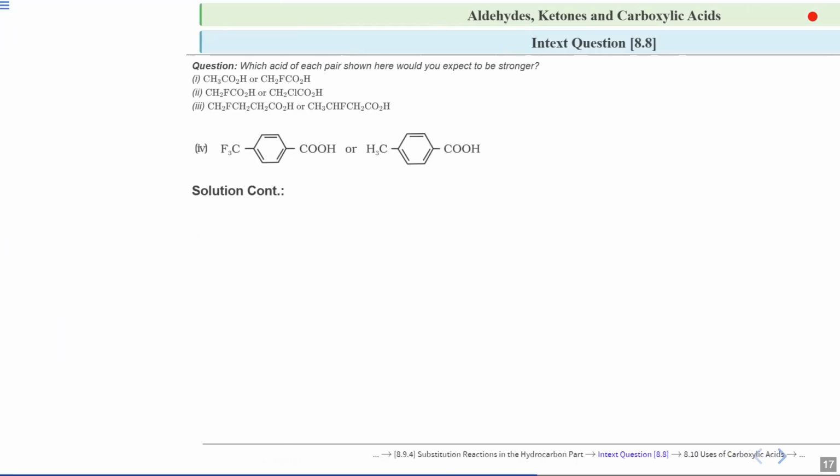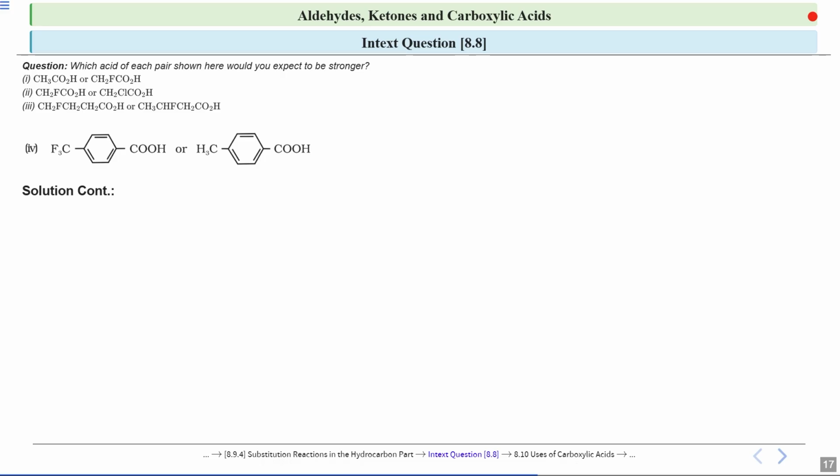So now if we finally compare both of them, we can conclude that because of the presence of the fluorine atom, which is highly electronegative, it pulls the electron density towards itself, and when it is close to the carboxylic group, it stabilizes the negative charge on the conjugate base when an acid loses a proton.